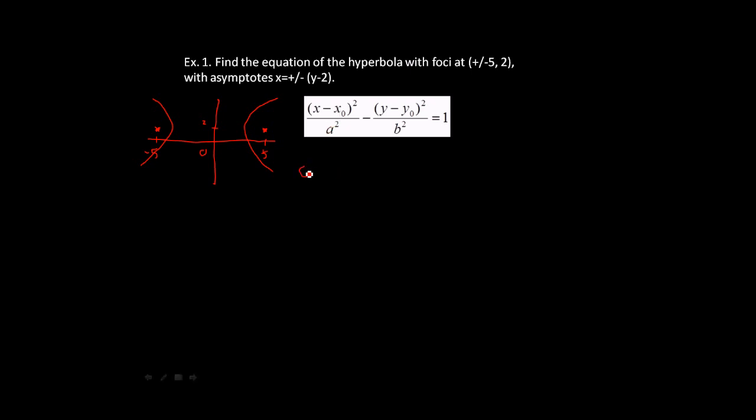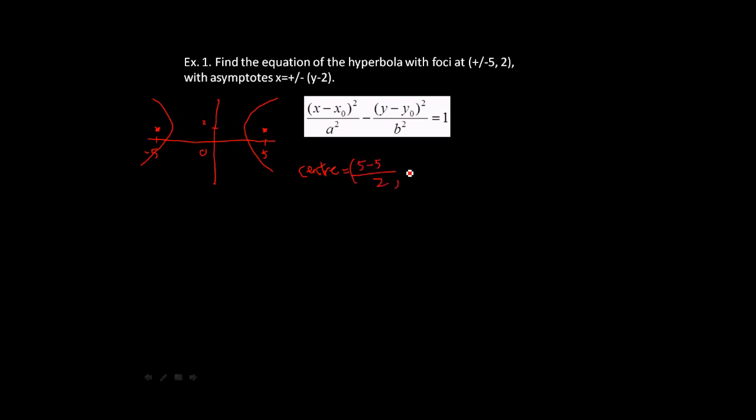So to find the center, we know that it lies in the midpoint of the two foci points, right? So from there we know that the x-coordinate will be the sum of the two x-coordinates of the foci points divided by 2. So therefore we have 5 minus 5 over 2.